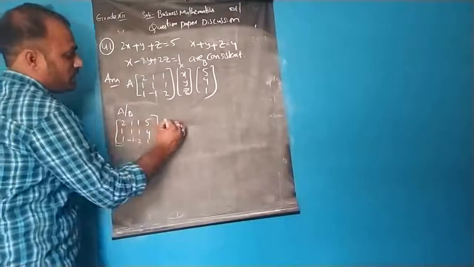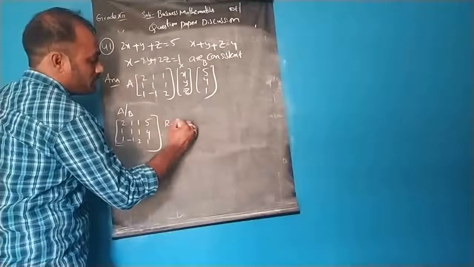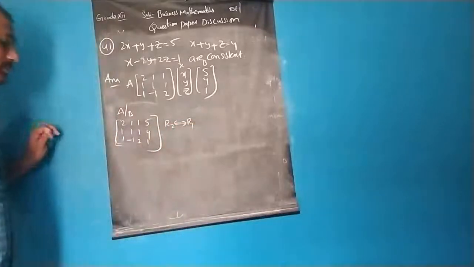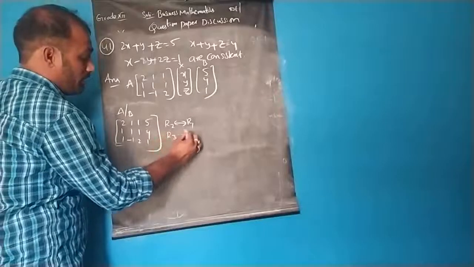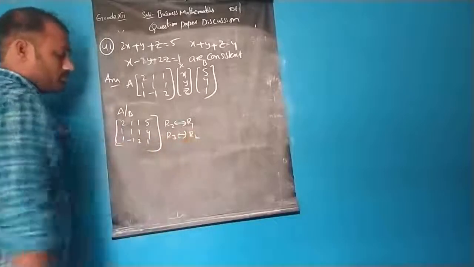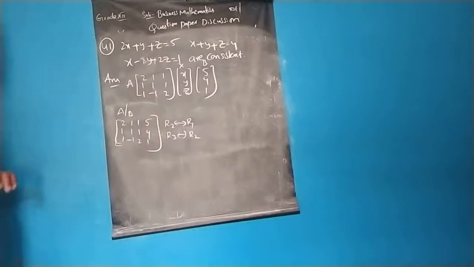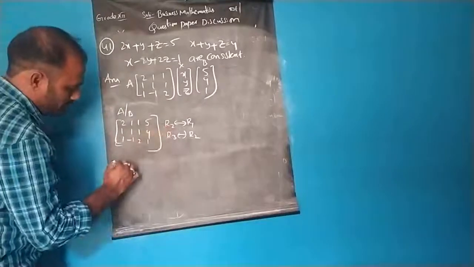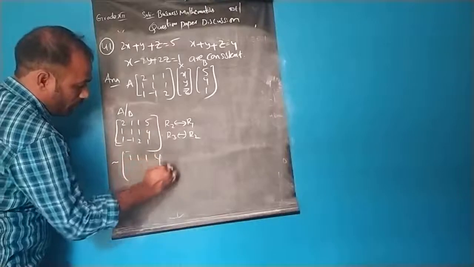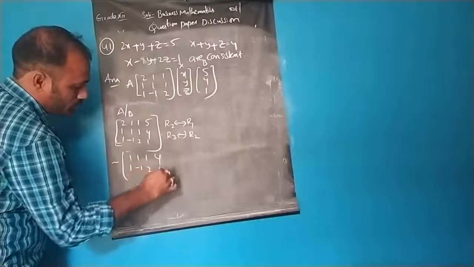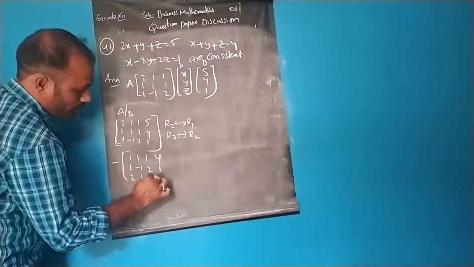For this augmented matrix, let us apply the operations. First let us interchange R2 with R1, and R3 we will interchange with R2. If I apply this, we will get 1, 1, 1, 4, 1, minus 1, 2, 1, 2, 1, 1, 5.